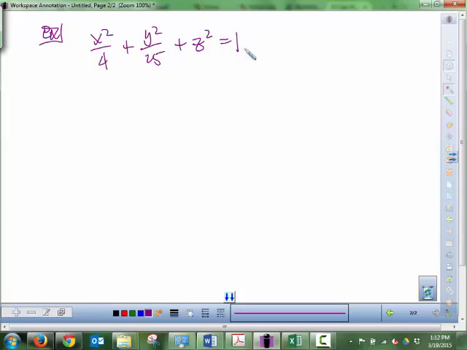I can bring the 1 over to the other side, but when we take derivatives, it's going to disappear, so I'm not really going to care about that. So what I could do is say that my four-dimensional function is equal to x squared over 4 plus y squared over 25 plus z squared. And I can put a minus 1 here or leave that alone, because when I take the gradient, partial derivatives, that 1 will disappear anyways.